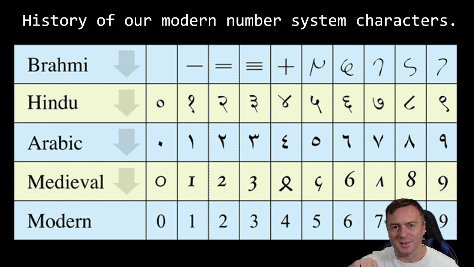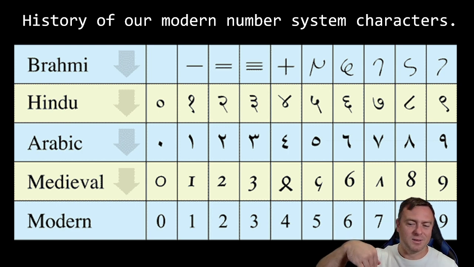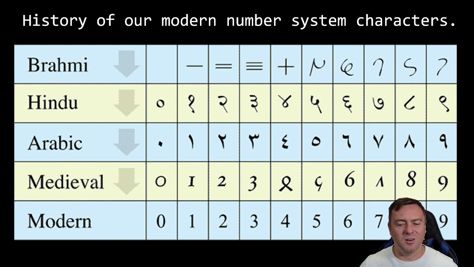The 4 looks kind of similar-ish. Then you have the Arabic system, which then changed it a little bit again. Then the medieval system, which is looking really familiar now, apart from the 4, 5, and 7. So the 4 looks like a fish, and then the 5 is upside down, and the 7's a little bit more leaned over. And then you have our modern number system down the bottom there.